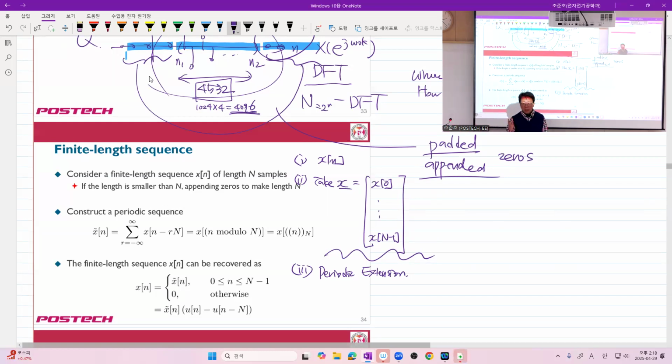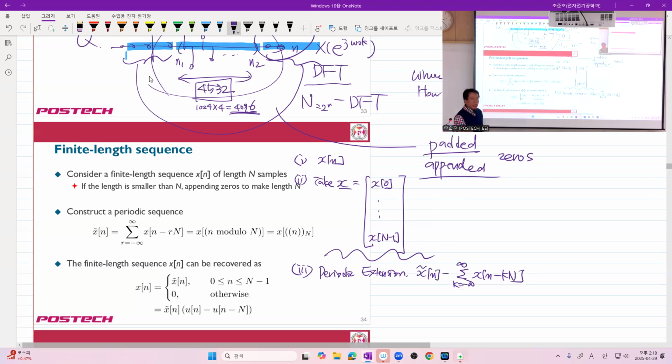How do you define it? Periodic extension means periodically extending, or making a signal periodic, this way. So you make copies, countably infinite.